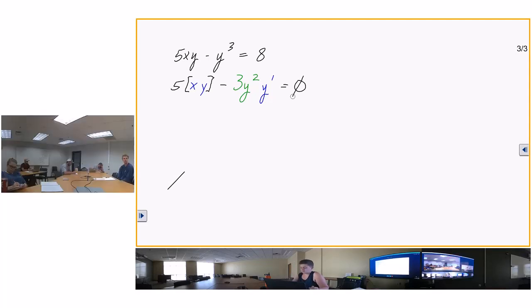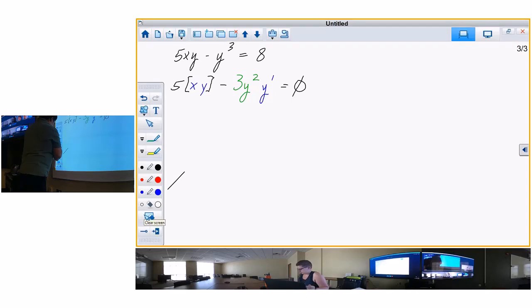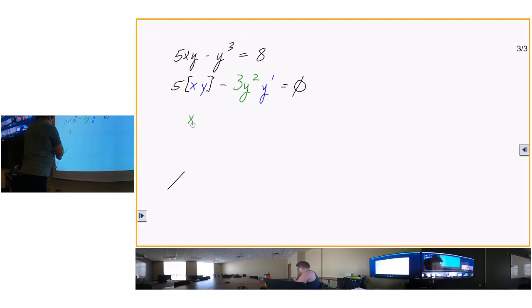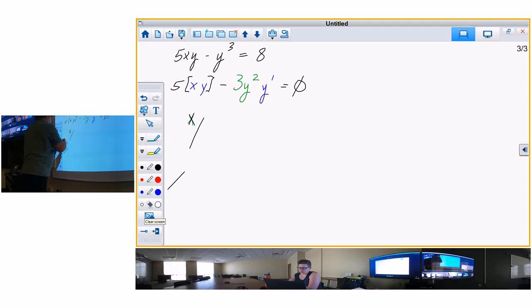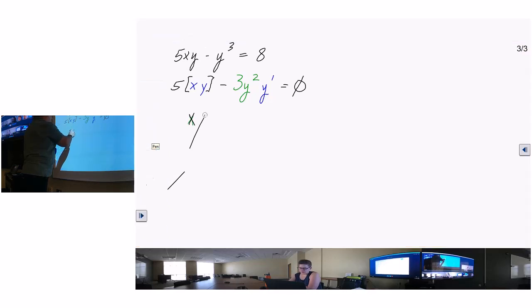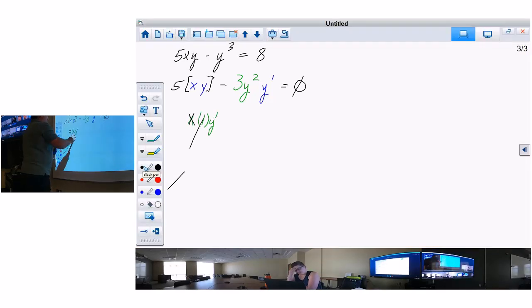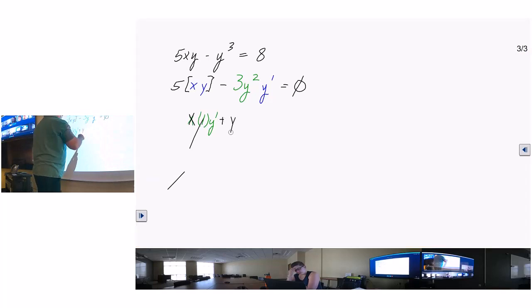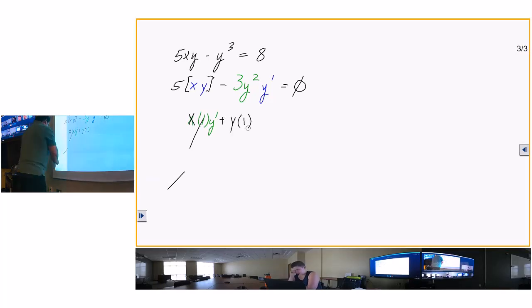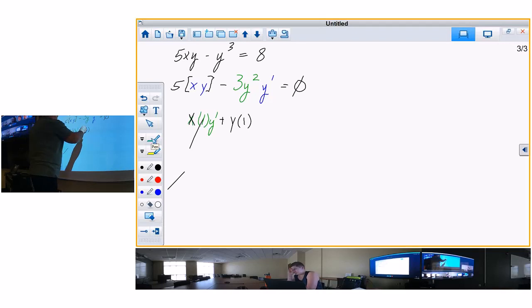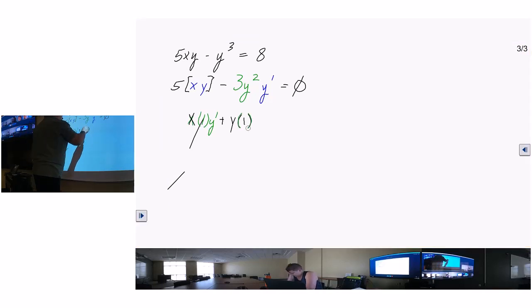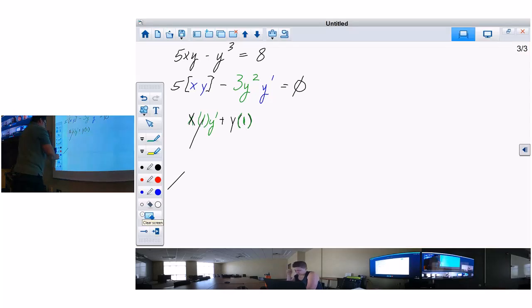Now, first times the derivative of the second. So the derivative of y is 1, y prime, plus the second times the derivative of the first.